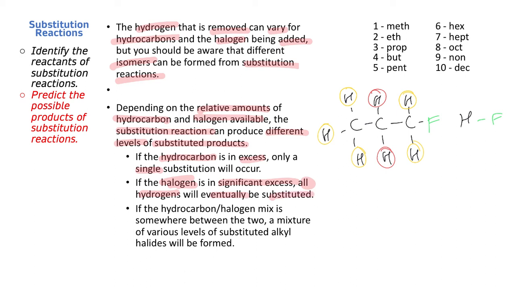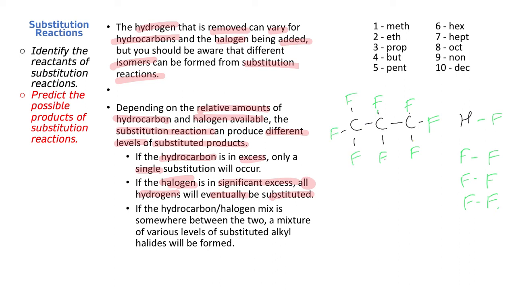Now this is a bit of a tricky thing. If I have lots of these fluorines, all of these hydrogens will be removed because you've got so many fluorines, and you're going to produce a ton of octafluoropropane.